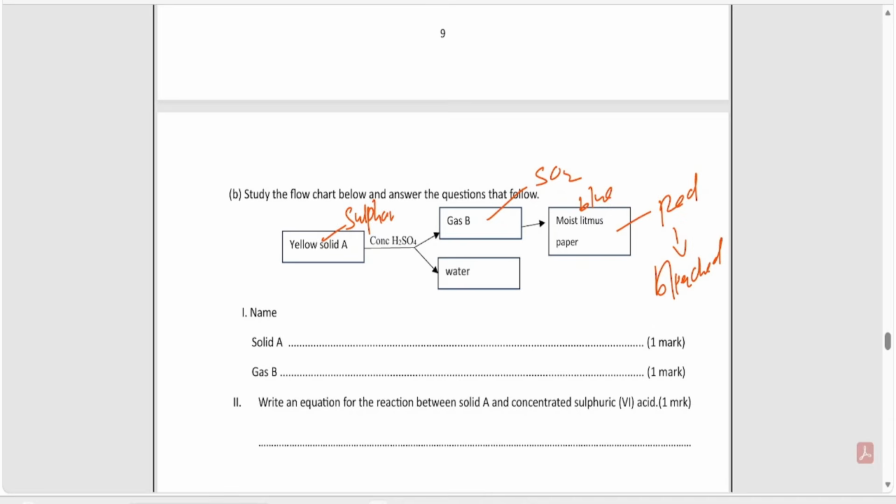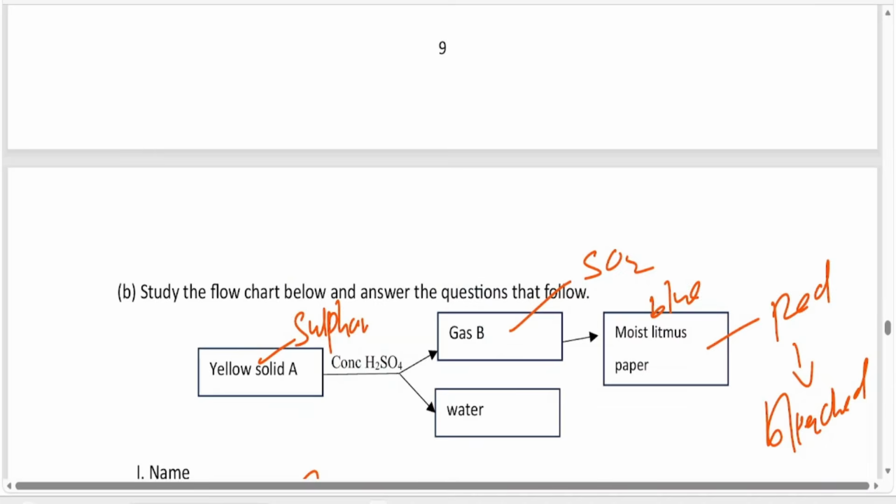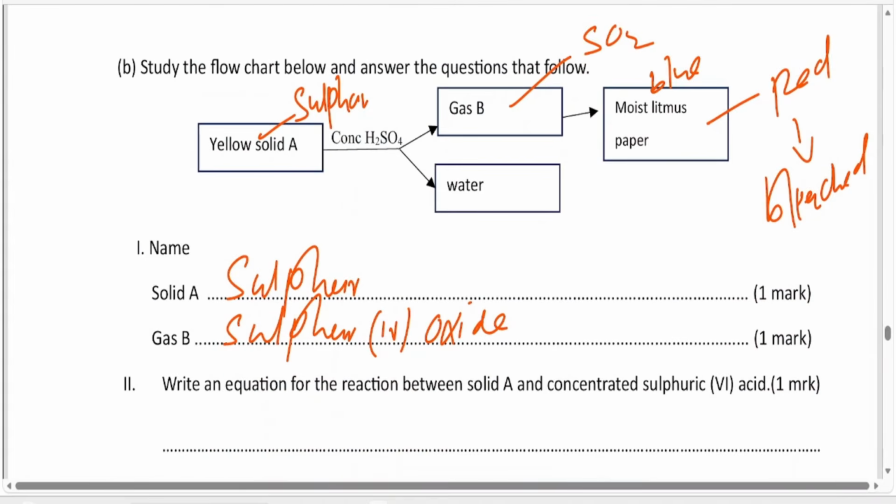We're going to see that in the question. So we have named solid A. Our solid A is sulfur. Our gas B is sulfur IV oxide. Please don't write a formula, name the substance or name the compound.